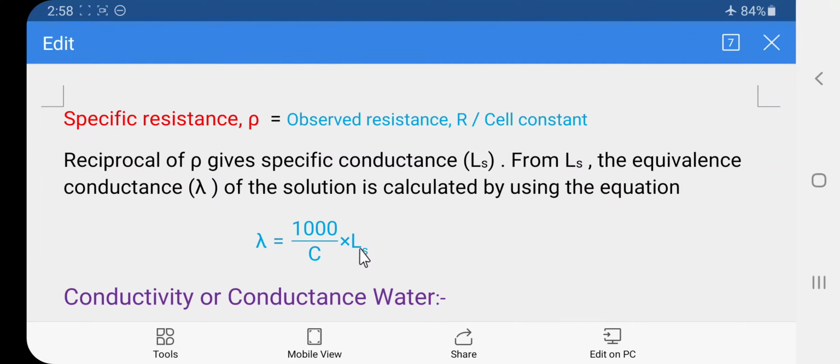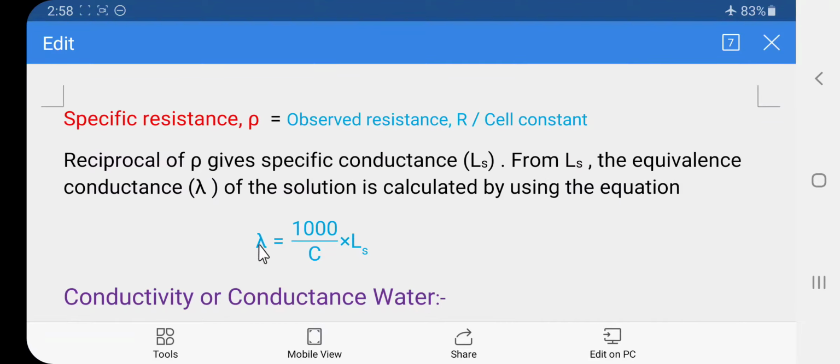Ls is the specific conductance of the solution, while C is the concentration, generally expressed in terms of normality. Substituting Ls and C, we can determine lambda, that is the equivalent conductance.